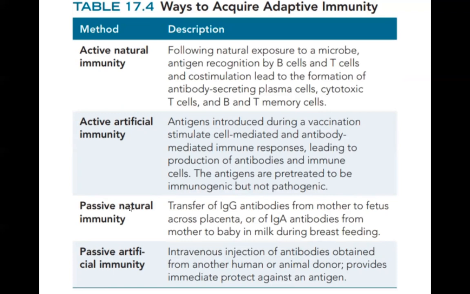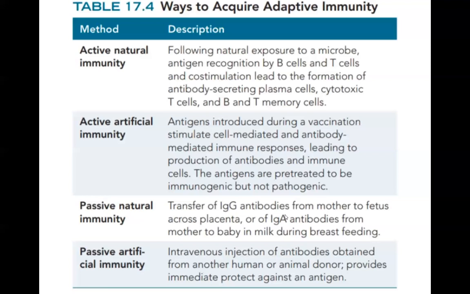Okay. Passive natural is like in the case of the transfer of IgG antibodies from mom to fetus across the placenta. So the baby's not producing its own, but those antibodies were produced naturally by mom. Same thing can actually happen with IgA antibodies when a mother breastfeeds her baby, which is really cool. And another great example of the benefits of breastfeeding, which I don't get into in great detail.